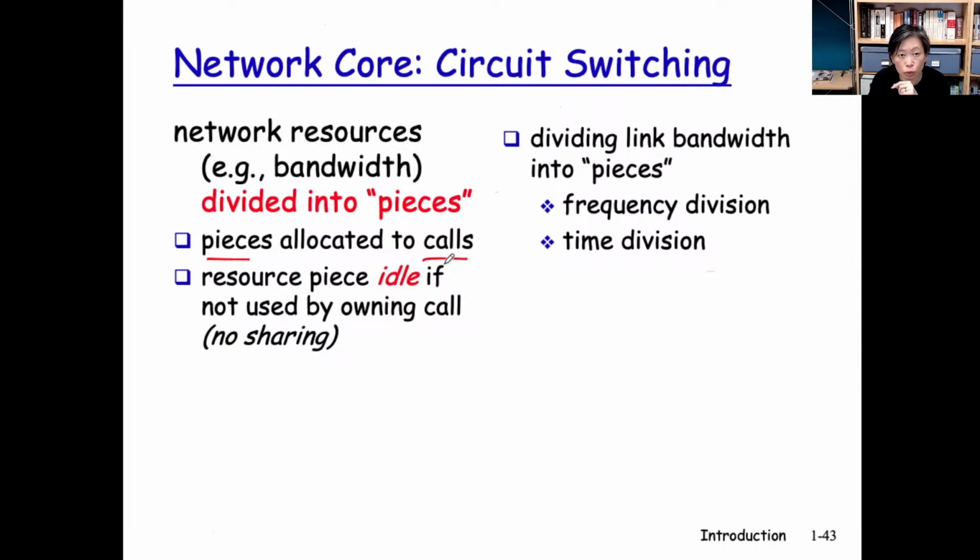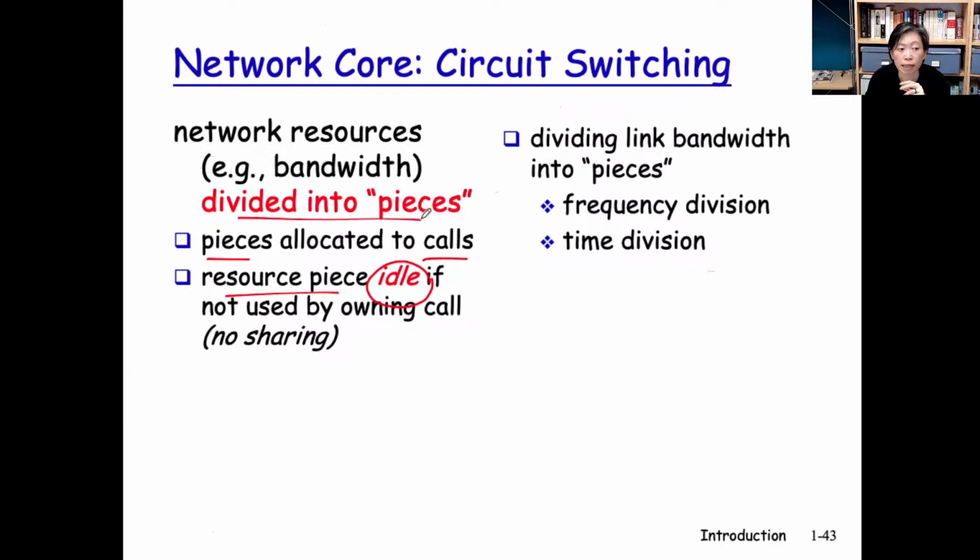But once you do that, if there are no data being sent between the two ends, that piece of resource will then be idle. If you think about it, in a way, it's a waste of resource. The two of them ask for resource and a call is established, but they're sitting doing nothing. So not very good utilization of resource. So this is the second disadvantage of doing circuit switching.